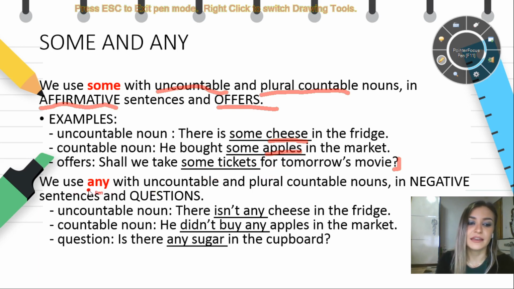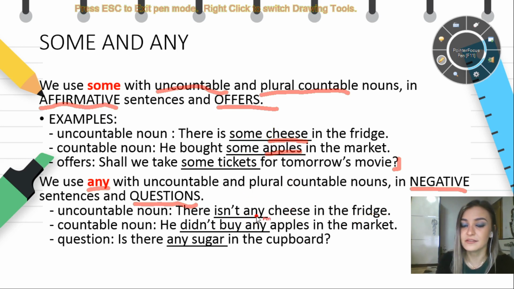We use any with uncountable and countable nouns in negative sentences and questions or interrogative statements. For example, there isn't any cheese in the fridge. So what's the difference between the first sentence and the second? There is some cheese in the fridge.